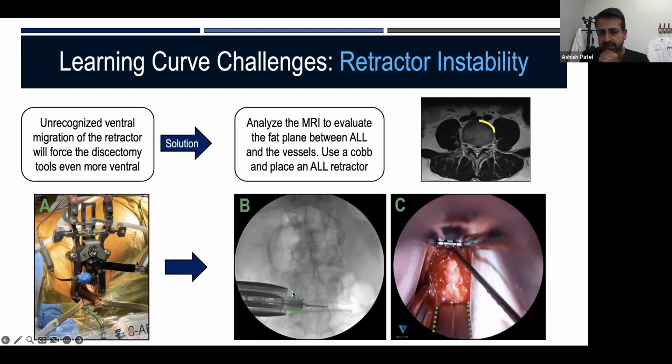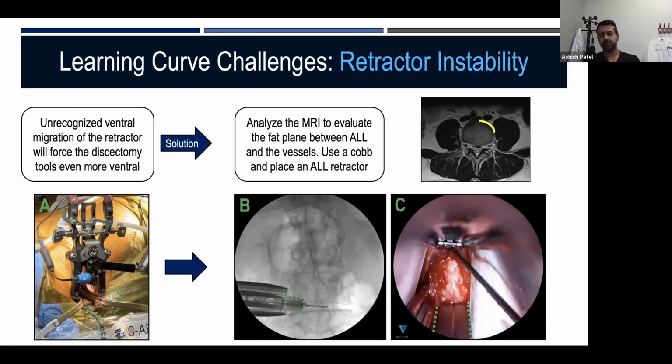Figure C is inside the working corridor, and the importance of this is that you've really marked out the anterior aspect of the disc space, and you've got something between the ALL and the vessels. So now we work from anterior to posterior, where we leave a cuff of approximately 5 to 7 millimeters of ALL tissue and anterior annulus, and then work backwards to do our discectomy.